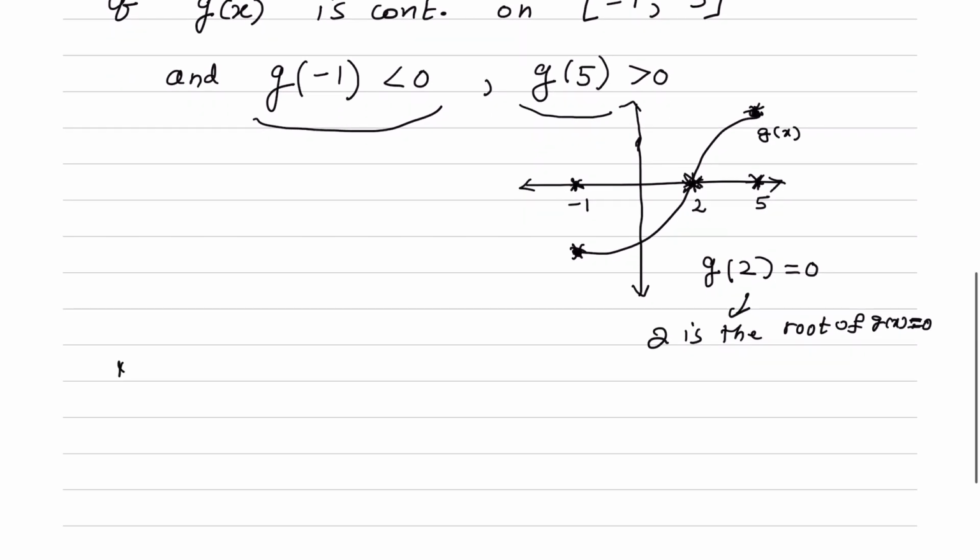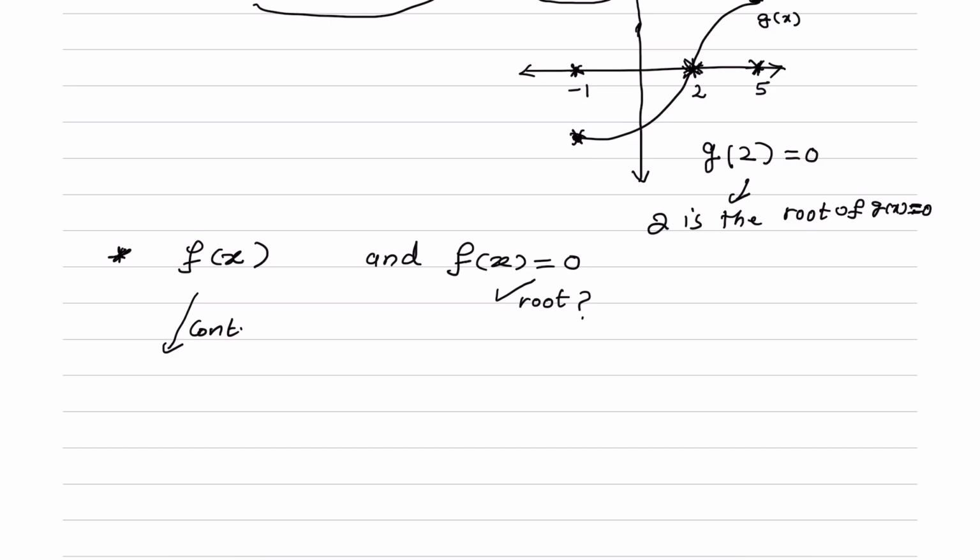Now let's look at another example. Let's say you have a graph f of x and an equation f of x equal to 0, and you have to find its root. f of x is continuous on the interval 2 to 7 such that f of 2 is positive and f of 7 is also positive.